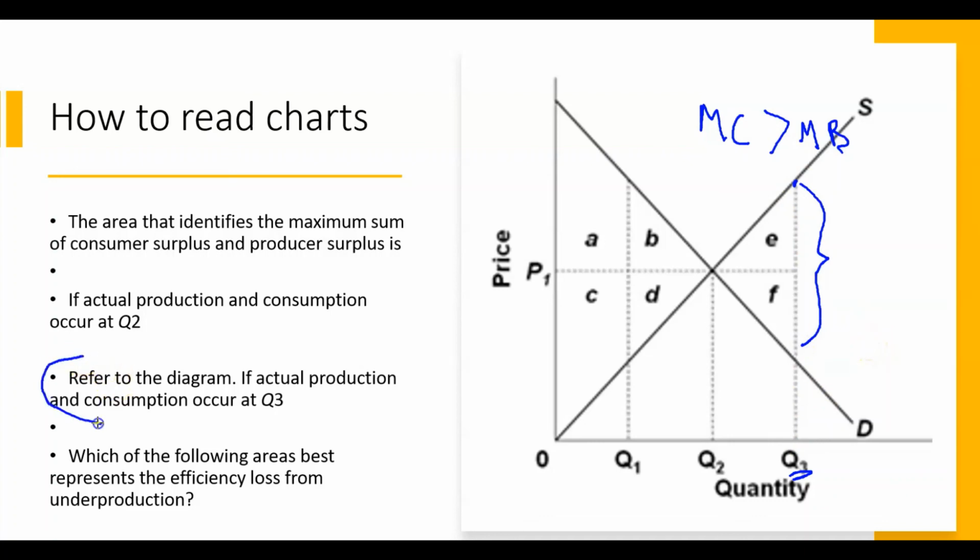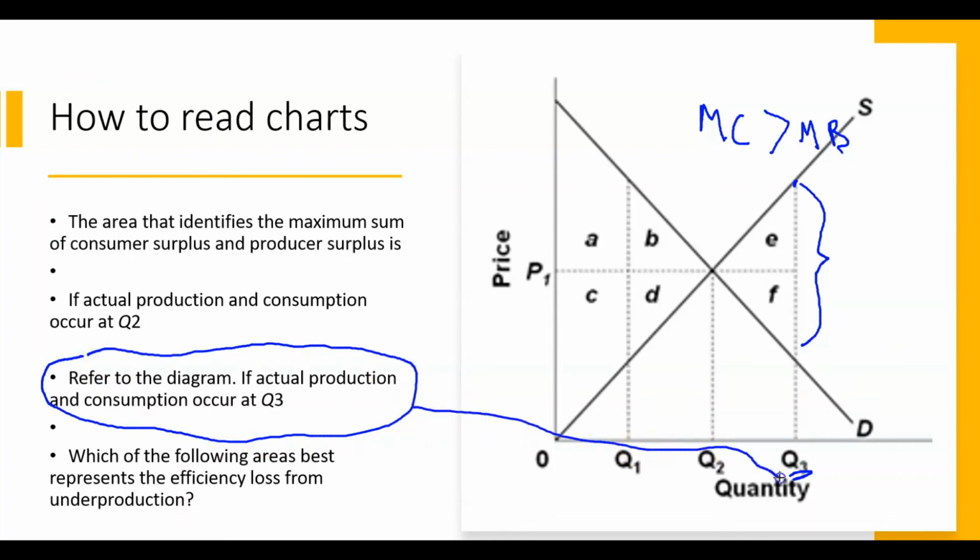So if we refer to the diagram, if actual production and consumption occur at Q3, we're going to have an efficiency loss equal to triangle E and triangle F. So that would be our deadweight loss. Just as in the previous question, all of this becomes deadweight loss.